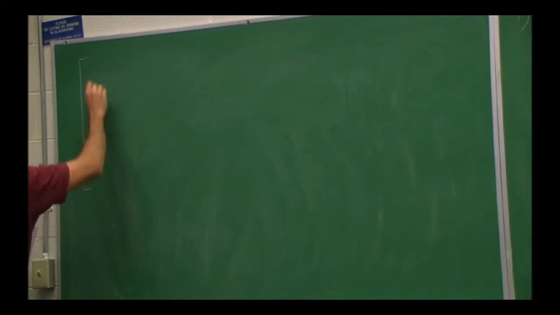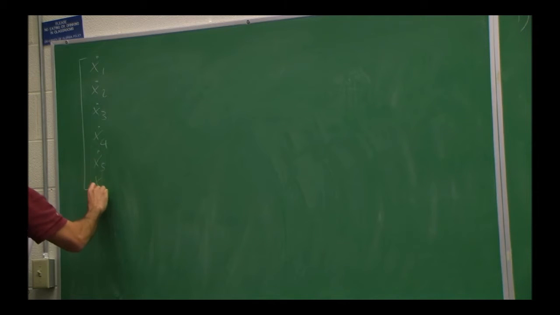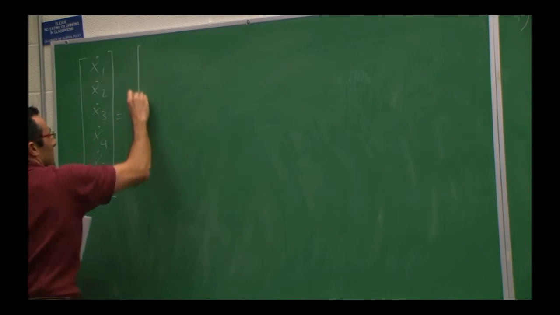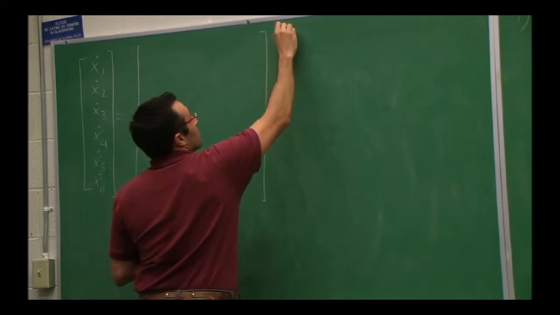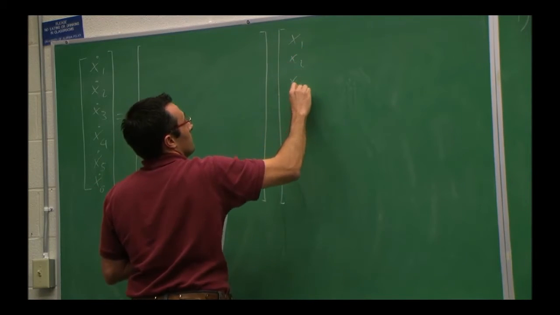which allows me to write the system the following way. What if I put here my big X dot vector, which will look like this? I can say that this is equal to a matrix that I need to populate times the vector X itself.